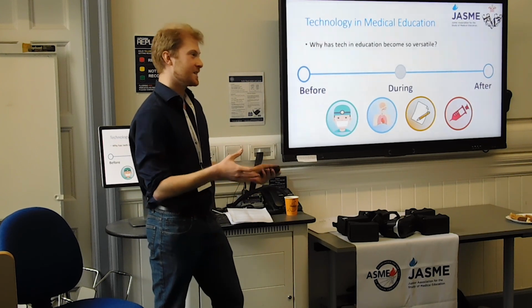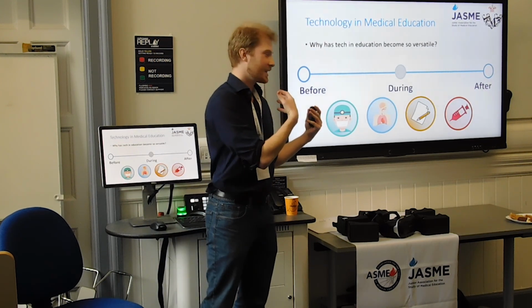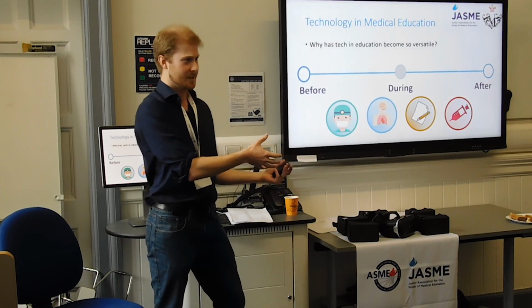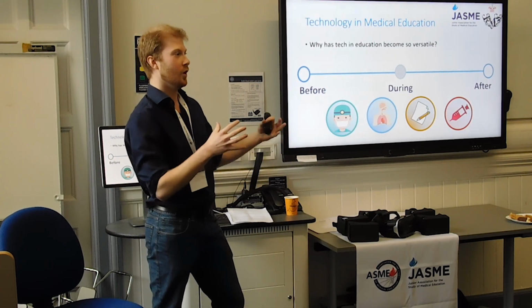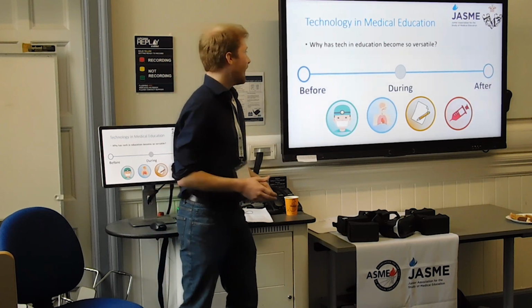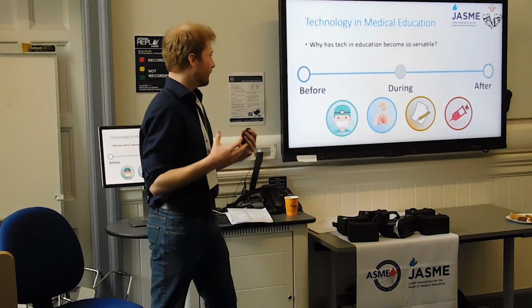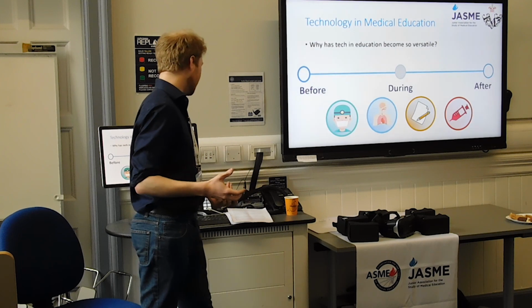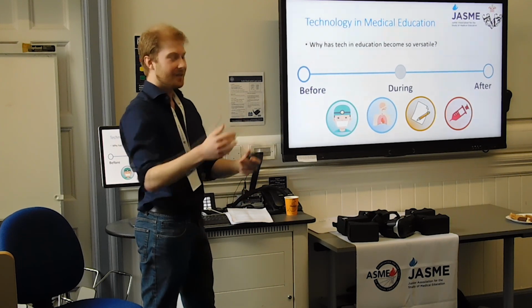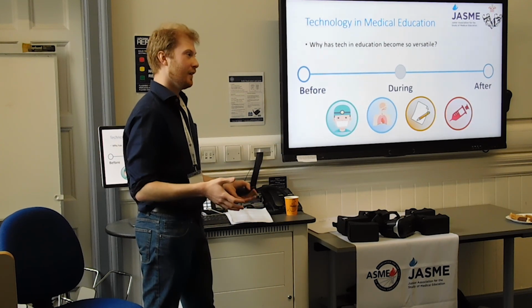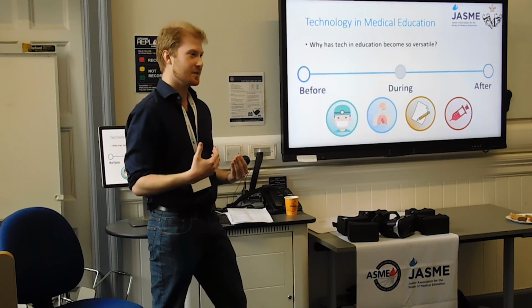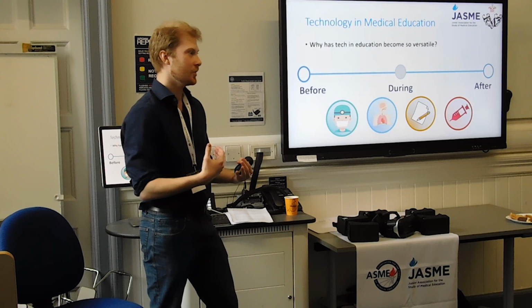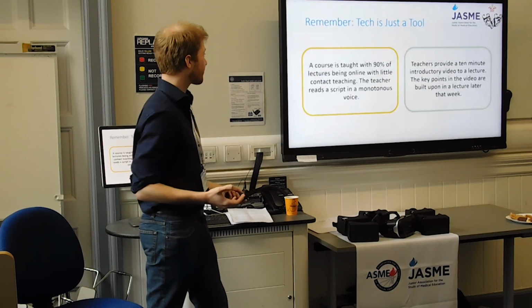But it also means that you can learn about the cardiovascular system on the same device that you've got a 3D model of the body on. So that's an example of how versatile everything's become, and also the fact that everyone does have a smartphone. It means that the potential for interactivity between the teacher and student is so much greater.